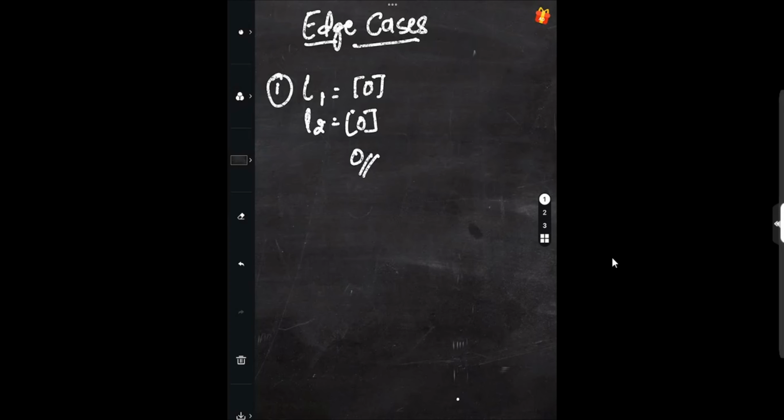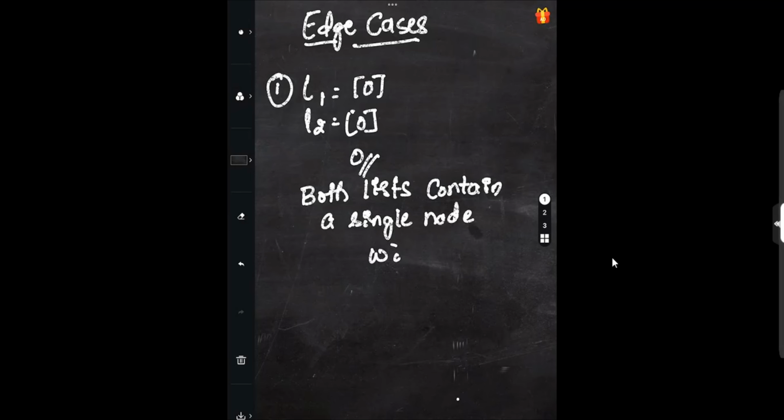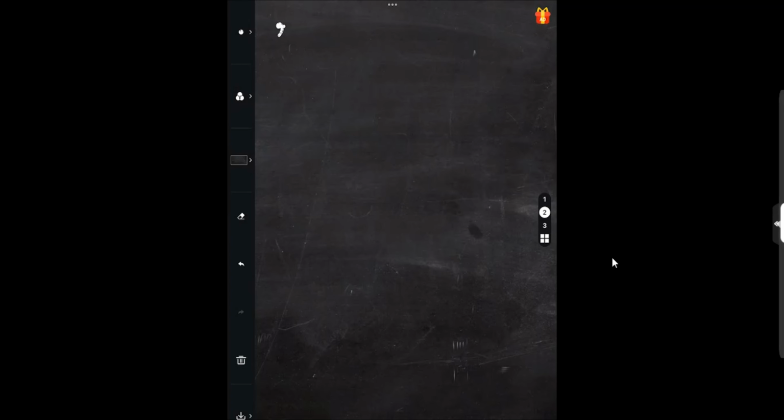The output is 0 as well here. We know this one, right? So this is for the condition both lists contain a single node with 0.